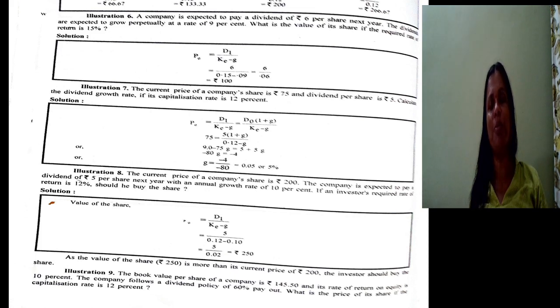If you look at the next illustration, what is given is the current market price of the company share, rupees 75, and dividend per share, rupees 5. Calculate the dividend growth rate if the capitalization rate is 12%. So what is given? They have given us P, which is 75.